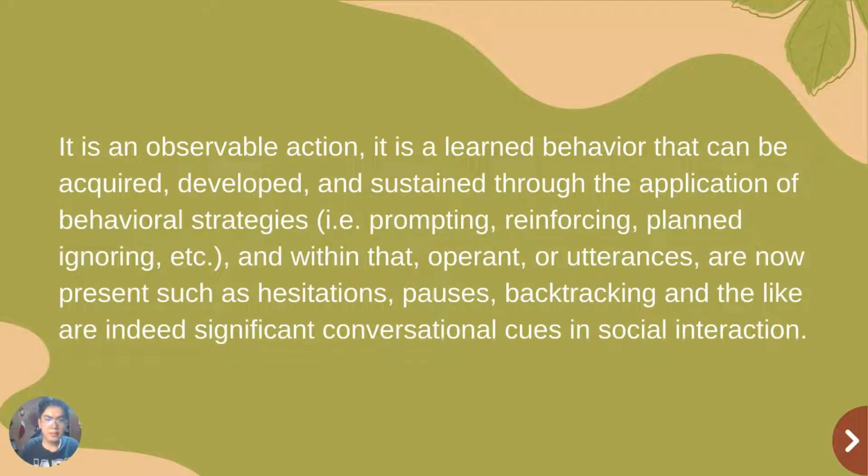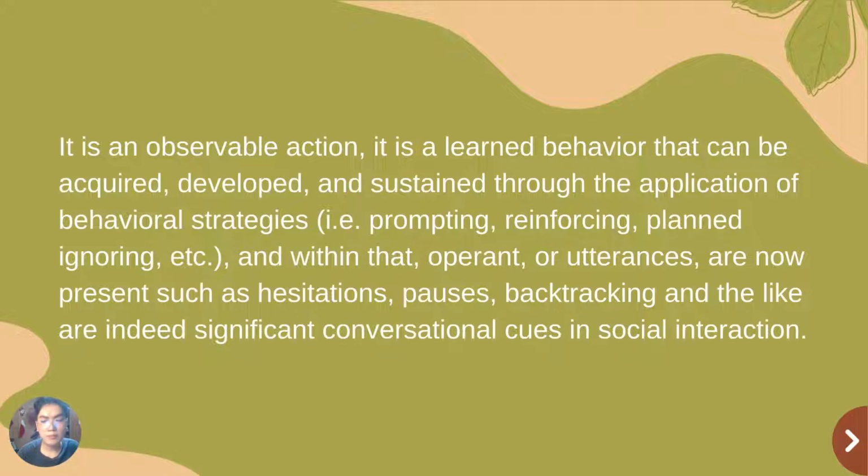Again, verbal behavior is an observable action and it is also learned behavior that can be acquired, developed, and sustained through the application of behavioral strategies such as prompting, reinforcing, planned ignoring, etc. So this means that there are consequences.